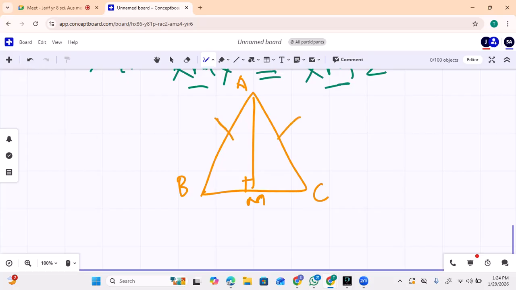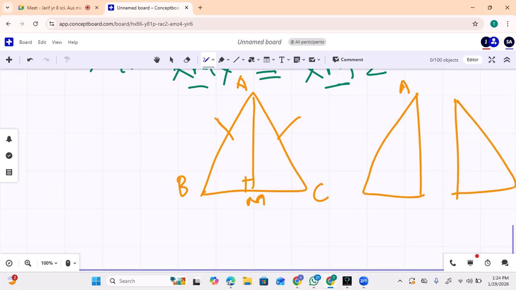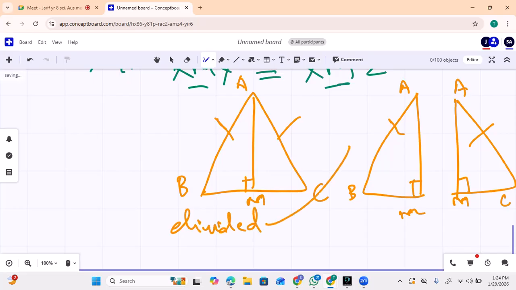If we separate them like this and like this, you would say triangle ABM and triangle ACM, and both have the same angle, both have equal sides. That means this one triangle is broken up into two triangles by this bisector, and both the triangles are congruent.